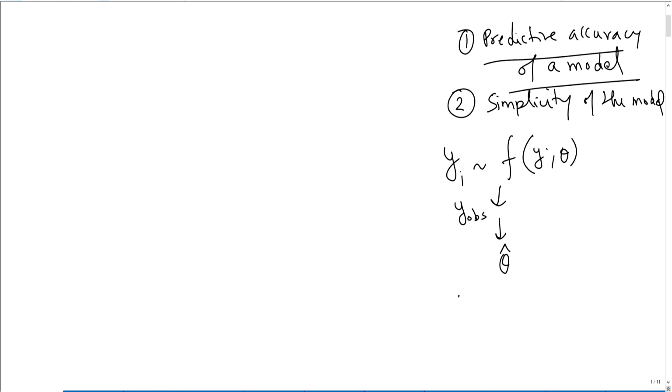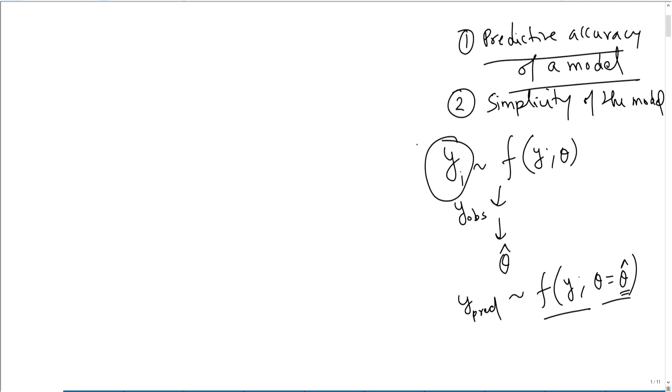Now, what people do is that they generate predictions from this model conditional on this particular value of theta, that is theta hat. So, this is the estimated value of theta. This model is generating future predictions conditional on this estimate of the parameter theta, and this estimate is actually conditional on something. This estimate we have obtained is based on this training data. So, this was the data that you used to estimate this parameter, right.